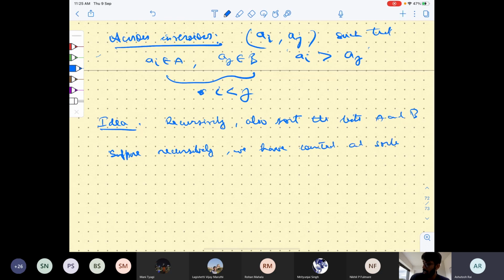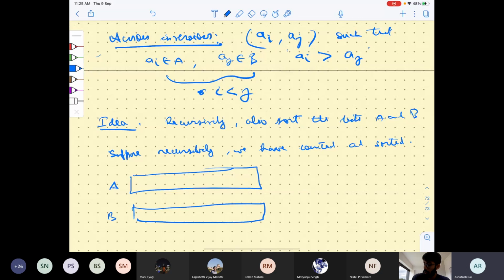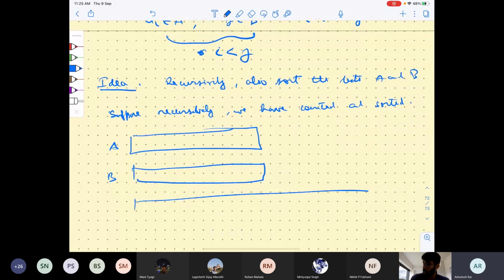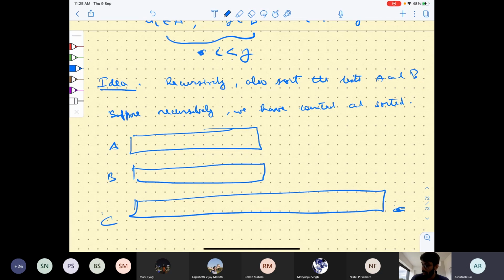Then how do we do the merging part? Now we have the list A, we have the list B, and we want to make a new list C, which is the sorted and merged version of A and B.